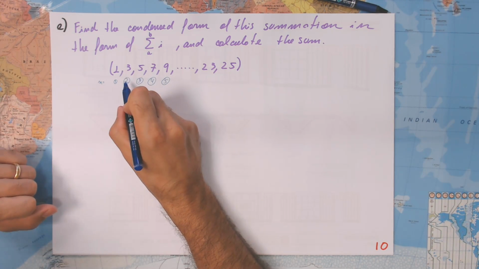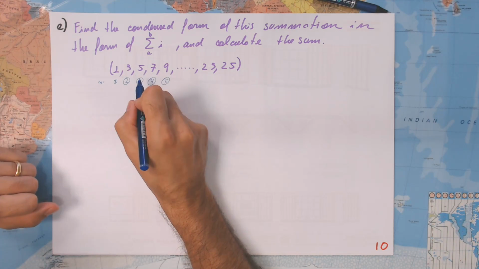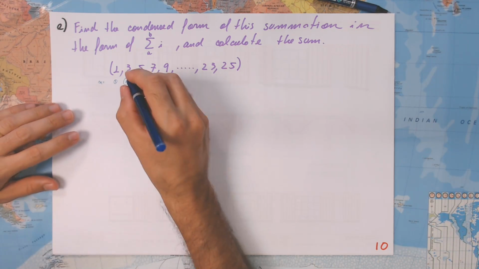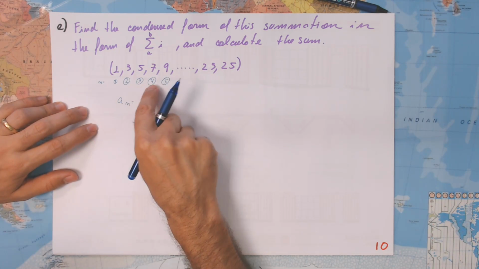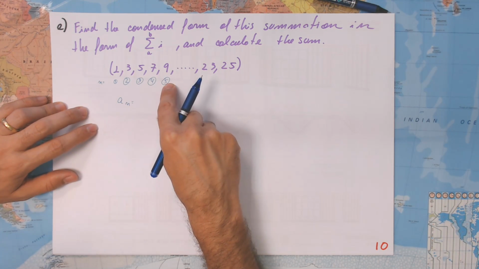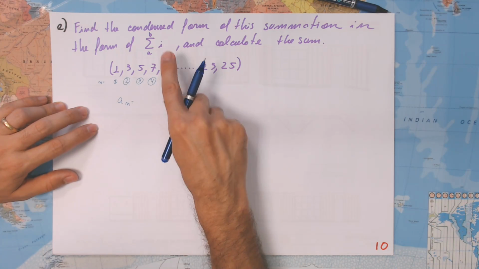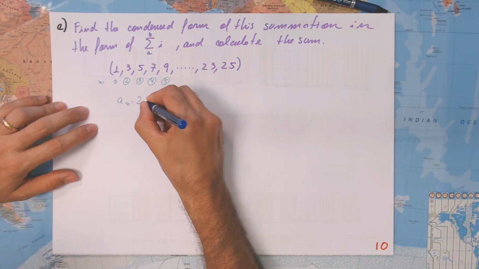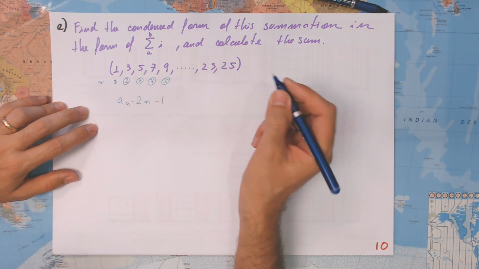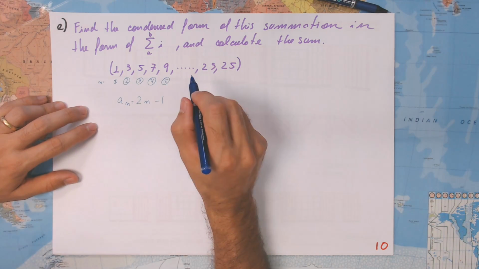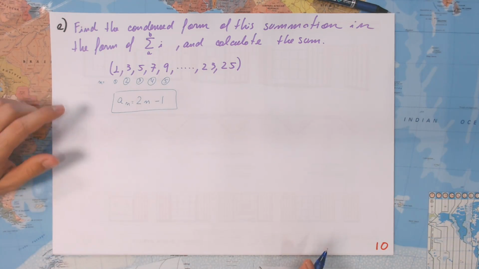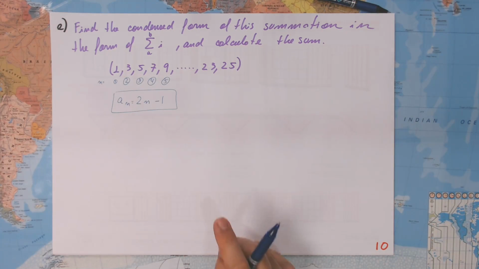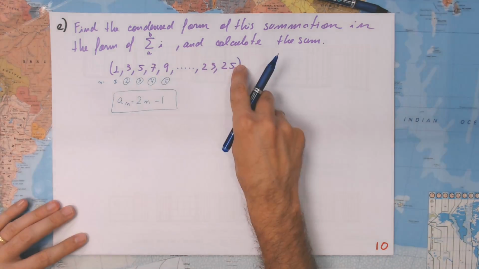For n equals 2, 3. For 3, 5. So, I don't know if you can see this, but it seems that a_n could be something like this: the double of this number minus 1, right? Double the n minus 1. So, like 2n minus 1. It works, right?